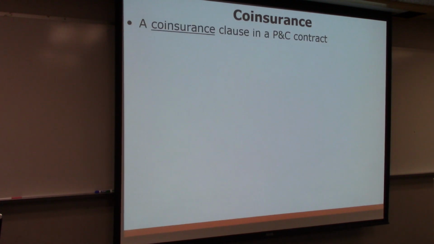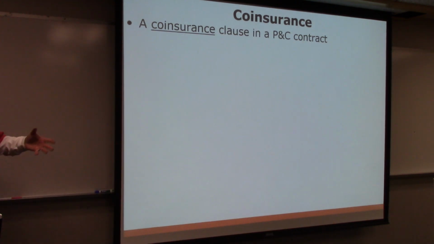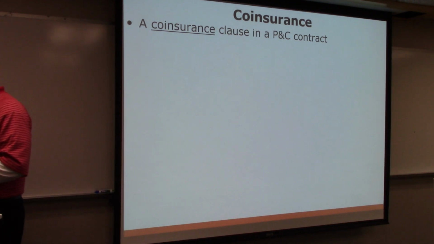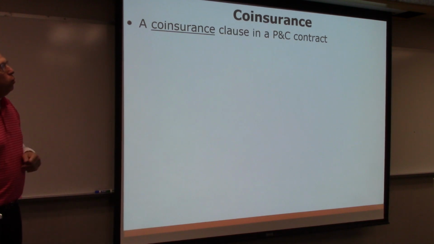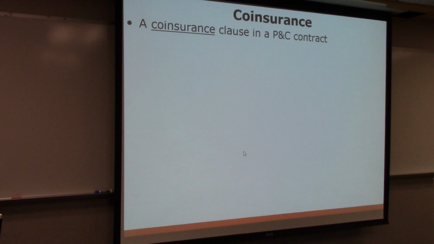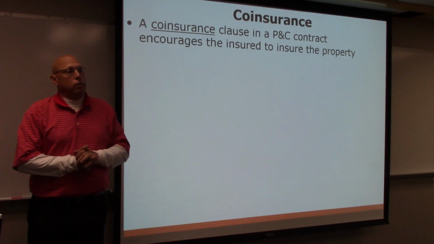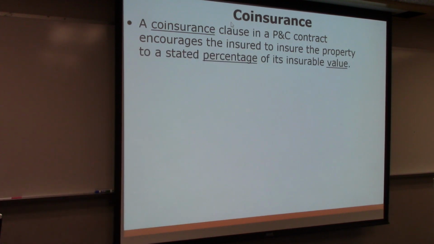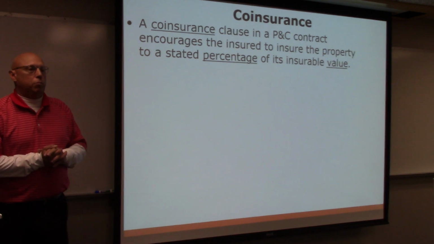All right, so co-insurance. We just finished looking at deductibles. Now we're looking at co-insurance, and we're talking about property casualty. That's important. We're not talking about life. We're not talking about health. Co-insurance is a clause that encourages or requires the insured to insure the property to a stated percentage of its insurable value. What does that mean?